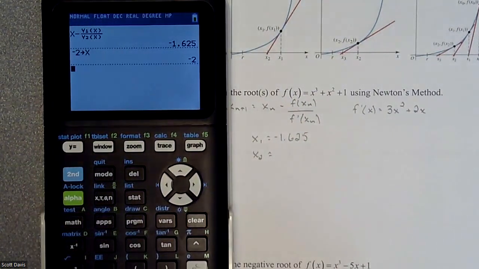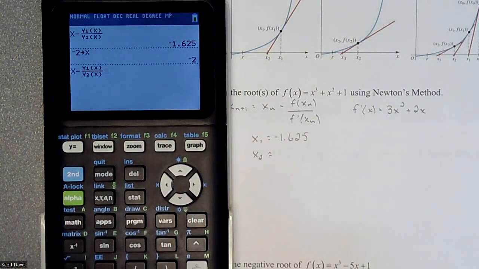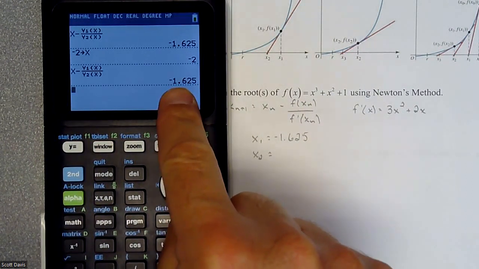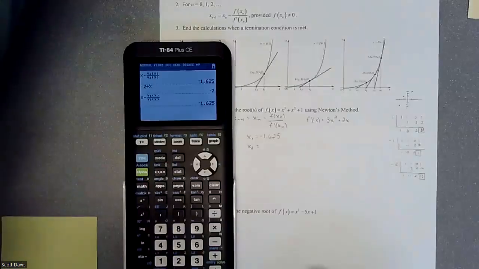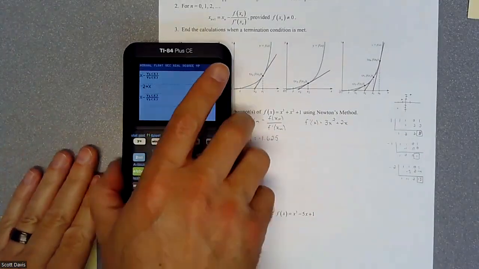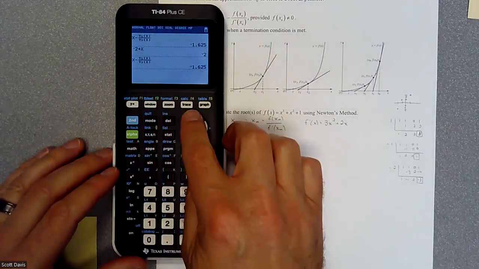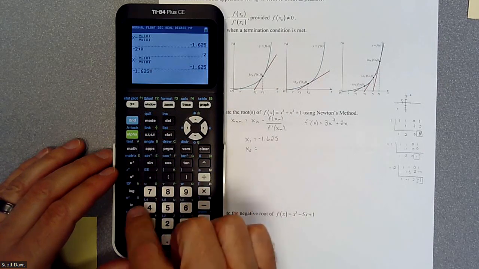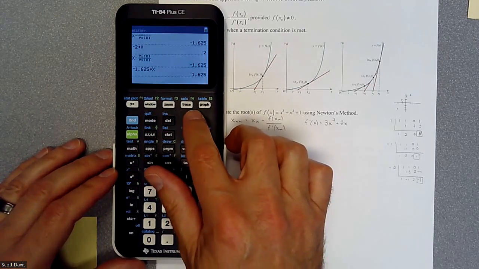Then I can highlight that formula and let it do its thing. So I'm going to store that value and let it run.